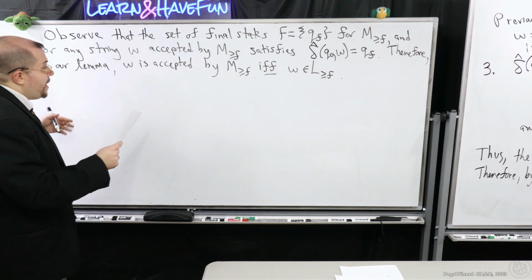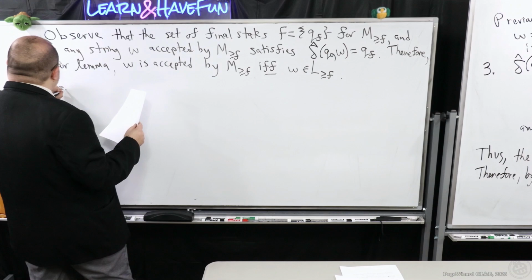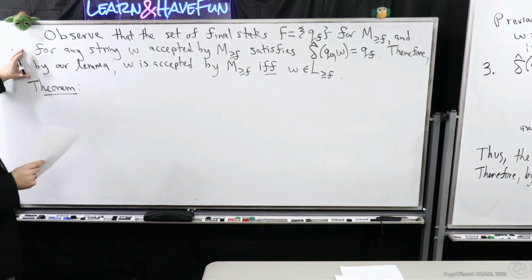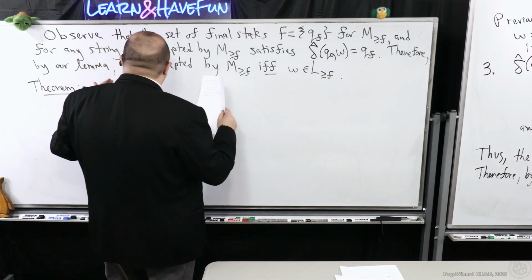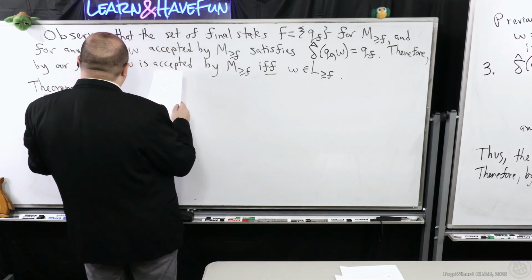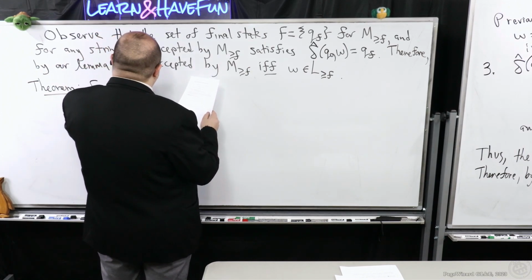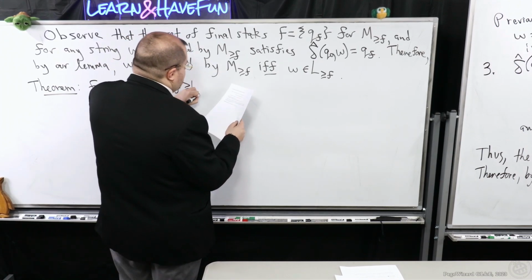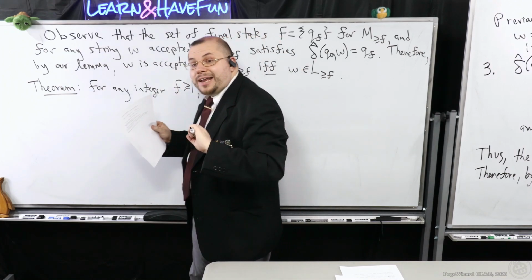So now I have provided the argument we need to state our theorem. As I stated with our previous examples, this is the argument you would use to prove this theorem. Just to be clear, I like to keep it a little separate, just give a little bit of room. So for any integer f, which is at least 1, you define the language.